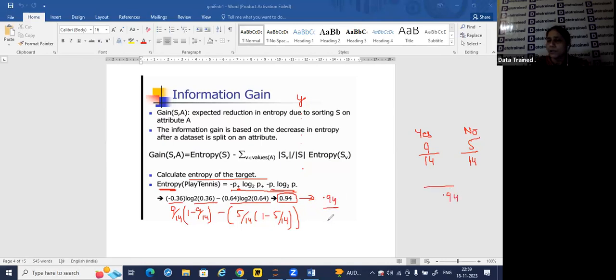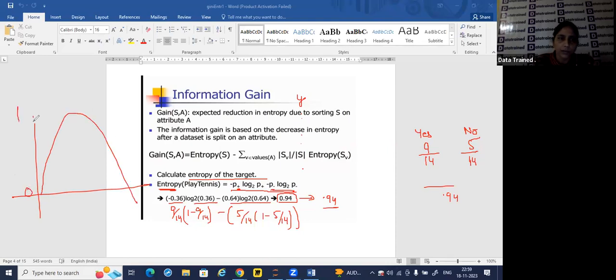0.94 is the entropy. What does it mean? It is showing that 94% is the entropy present inside the output. If I say 0, 1, so nearby here, 0.94, your entropy is there, 94.